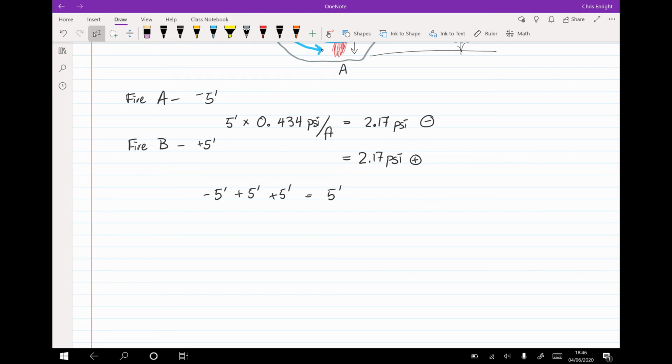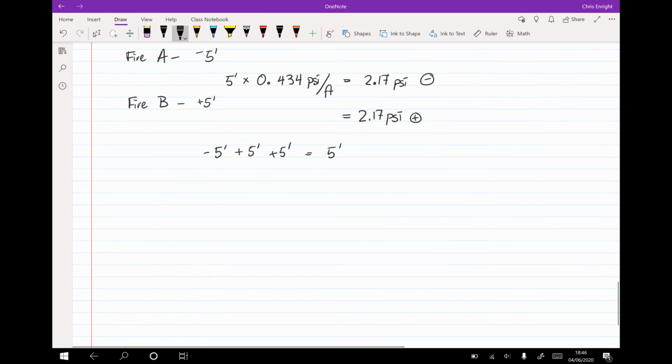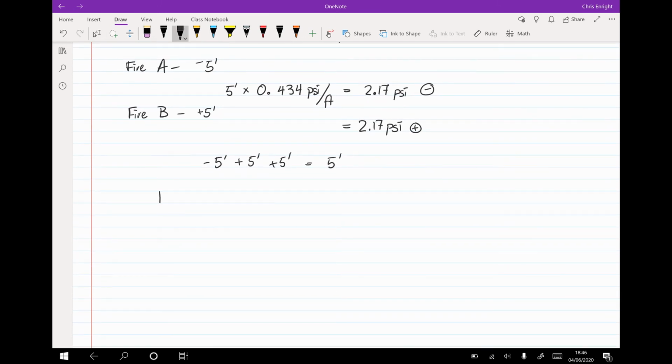All right, so just to summarize, and so it's fresh in everyone's mind, pump discharge pressure, PDP, is equal to the nozzle pressure plus the friction loss plus the appliance loss plus the change in height.